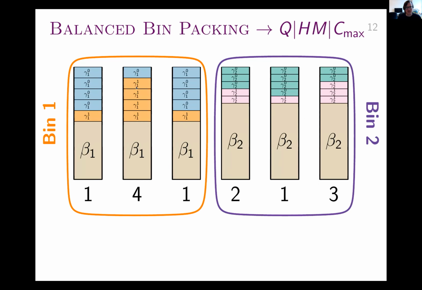And then, as you can see, the gamma 1 jobs encode the size of the item. So here we have 4, here we have 2, for example. And this is the only way to put things so that everything fits.